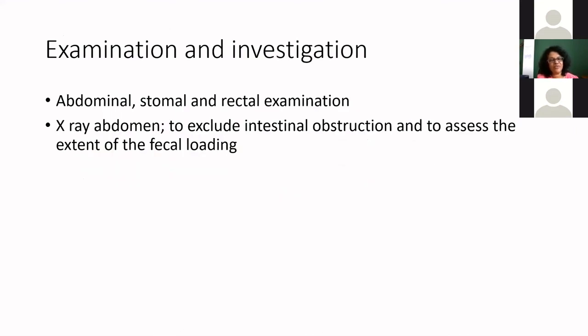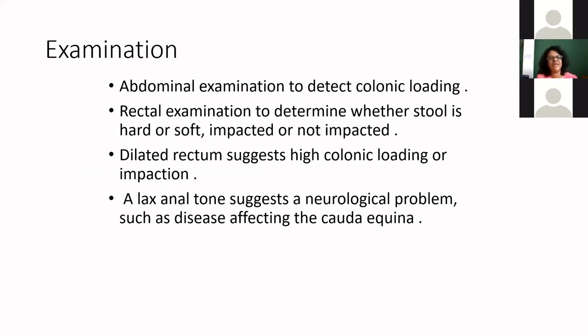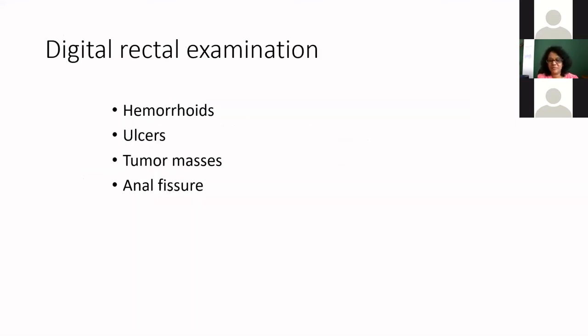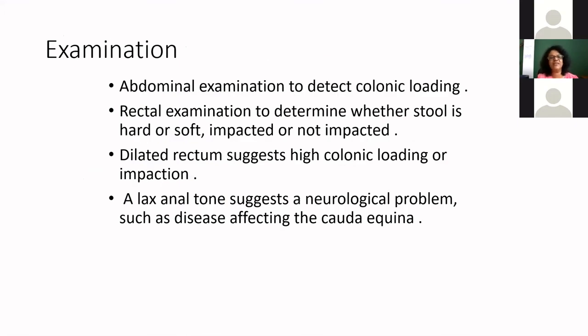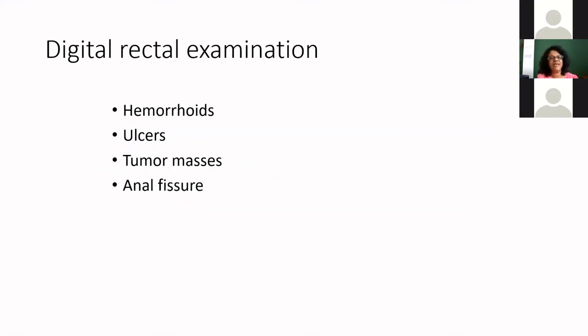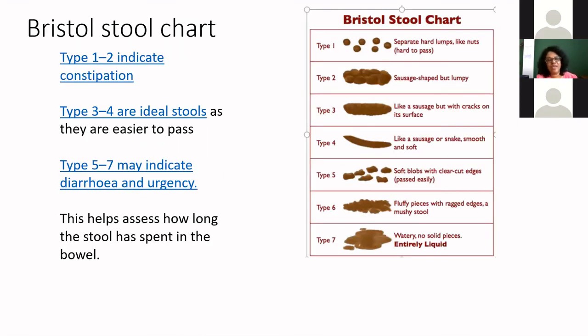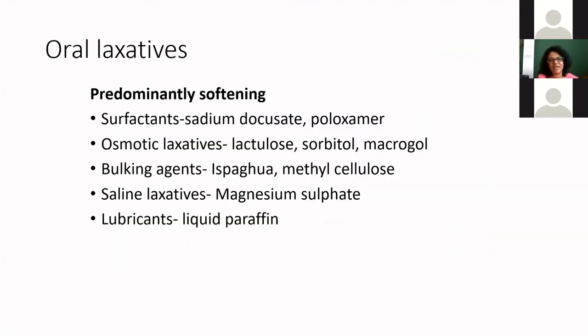And then we have to do examination, abdominal examination, stoma, rectal examination, some investigations, and the digital rectal examination, and look for other underlying things like hemorrhoids, ulcers. We have to look at the feces, the Bristol stool chart, and then decide on laxatives.